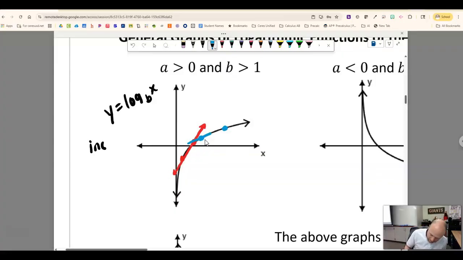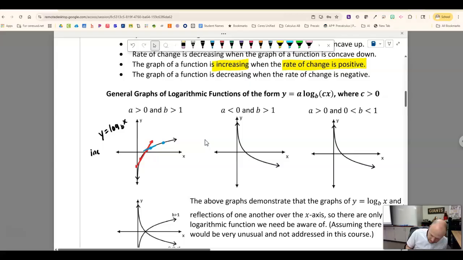There we go. Okay, there we go. You can see how the average rate of change is decreasing, right? This slope would be much greater than this slope here. This is flatter. So the average rate of change here is decreasing, which means that this graph is concave down.